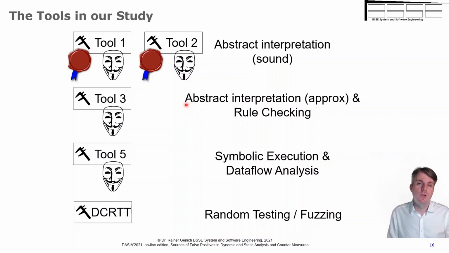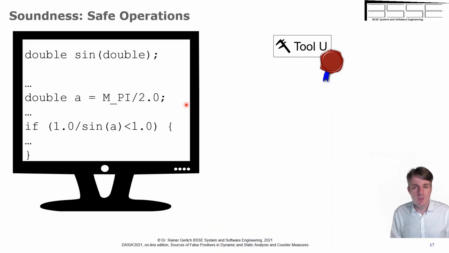And I promised you that I would define the term of soundness. And for that, we have to look into 3 different situations. There's the situation where an operation that is to be checked is safe in any case. So looking at this example here, we have this variable called a, which is assigned the value pi over 2, and we shall assume that it's not changed anymore somewhere else in the code.